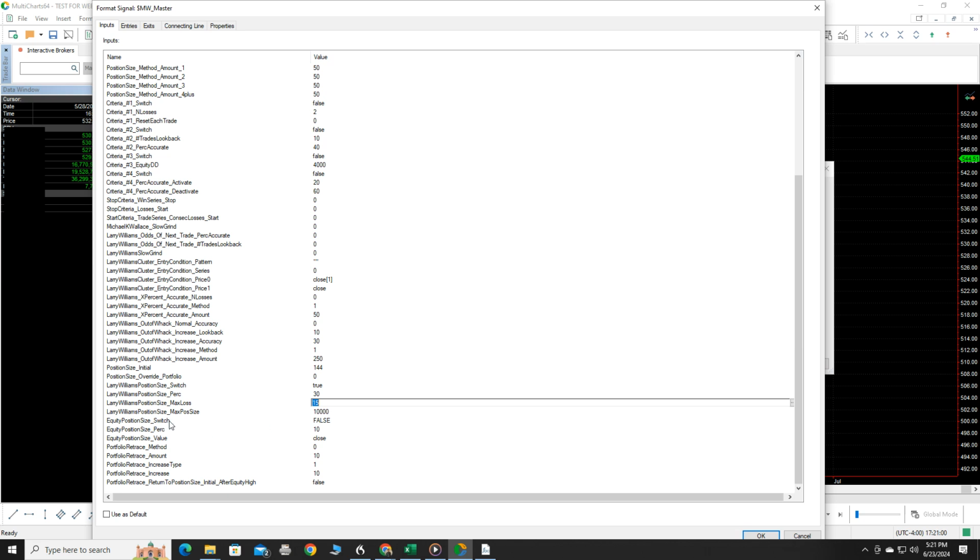We use a max position size because depending on your settings, you could breach this number and you may want to not go over a certain particular number. So we have a high setting there. So let's set this true. Let's turn it on and see what happens.